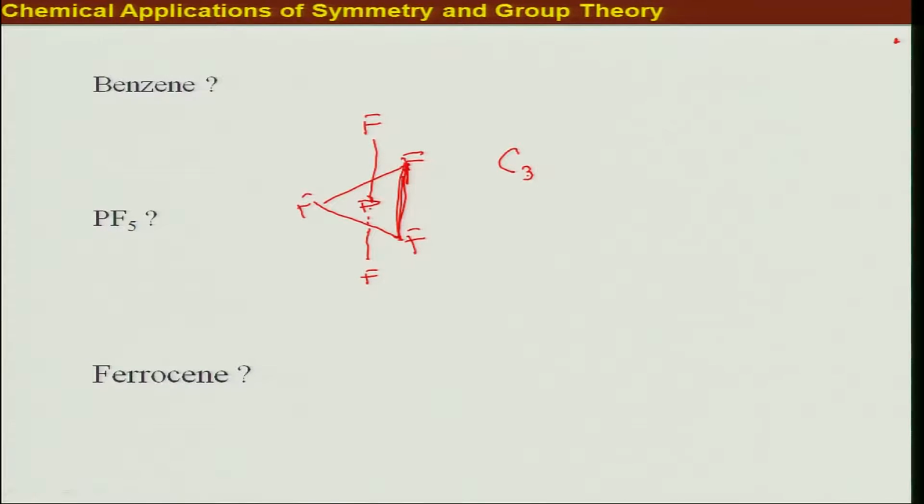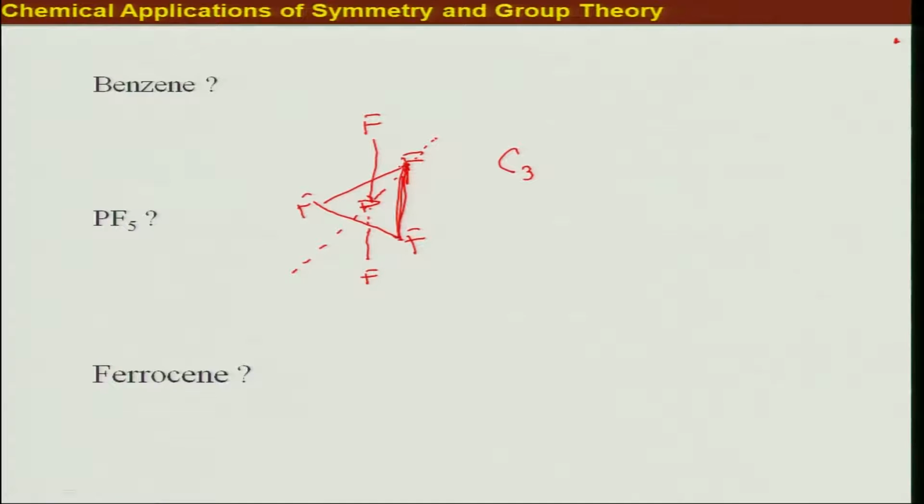So what will be the answer? Answer is easy, right? I can see one C2 here, because these 3 F's in the equatorial plane will form as if an equilateral triangle.